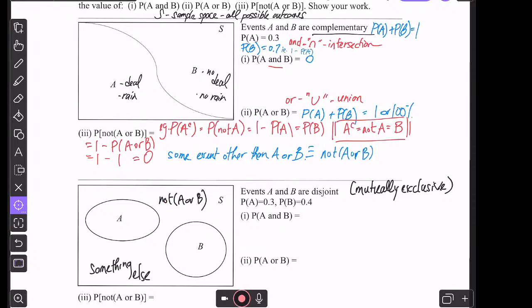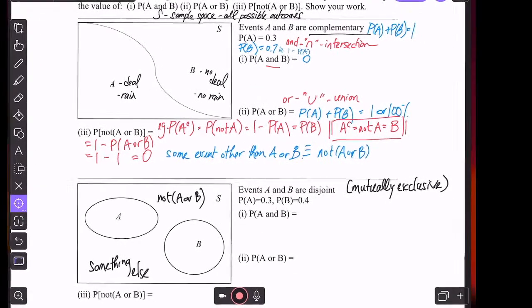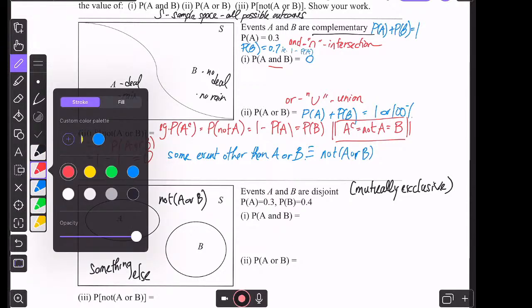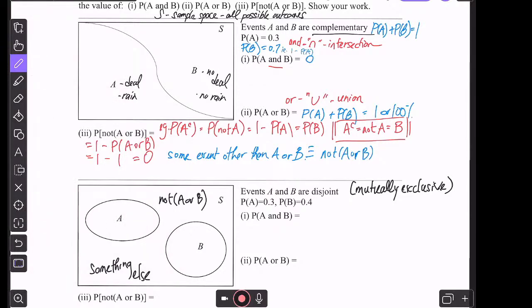So these are mutually exclusive events, and I want to solve for these different probabilities, given the information. So I'm telling you A's chance is 30%, B's chance is 40%. What's the chance of both happening at the same time? Remembering A and B means where they intersect.